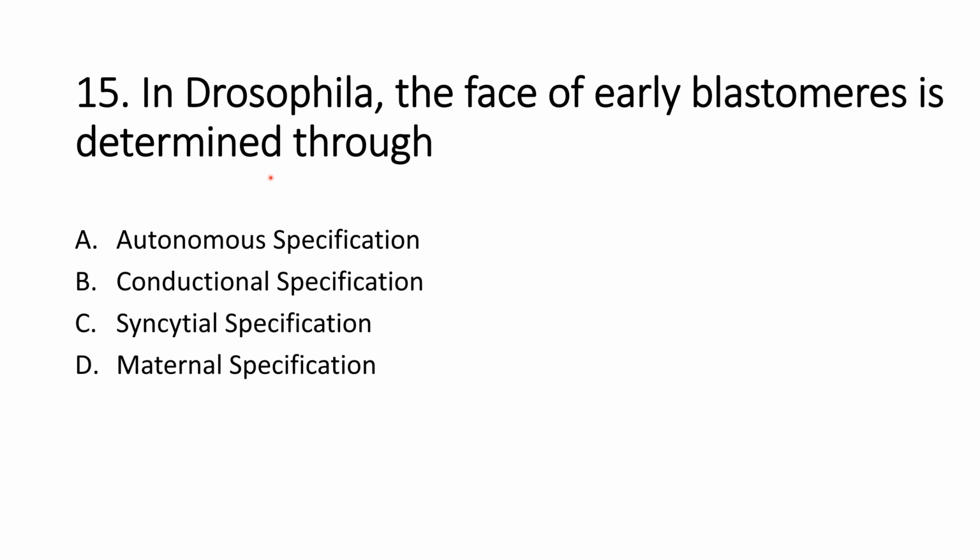Next question. In Drosophila, the fate of early blastomeres is determined through: option A, autonomous specification; option B, conditional specification; option C, syncytial specification; option D, maternal specification. Option D, maternal specification, is the correct answer.